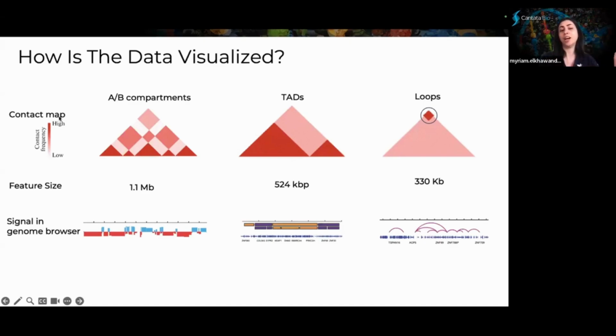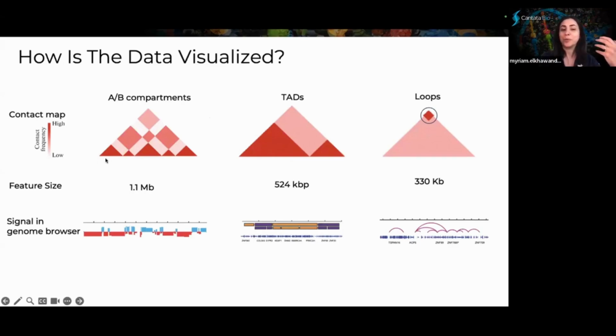When you see AB compartments on a contact map, you see this checkerboard pattern. The reason is that domains from the same compartment preferentially interact with each other, but the A and B domains are not contiguously located on the genome. So what you're seeing is an alternation of A and B domains.